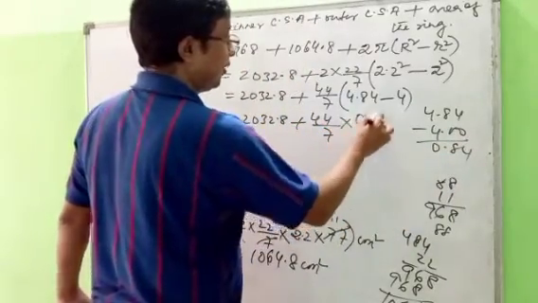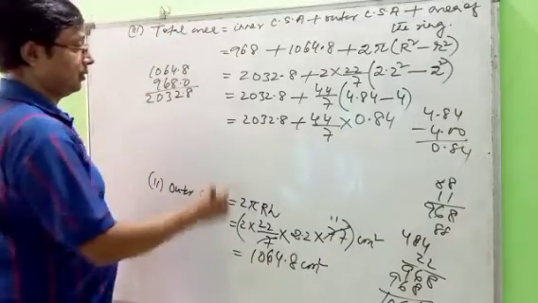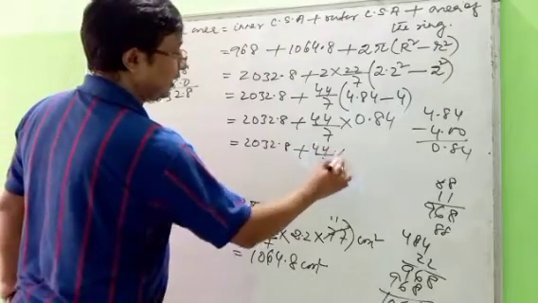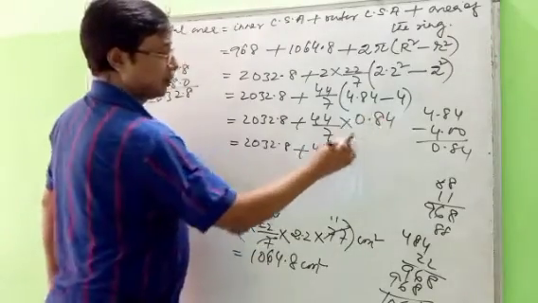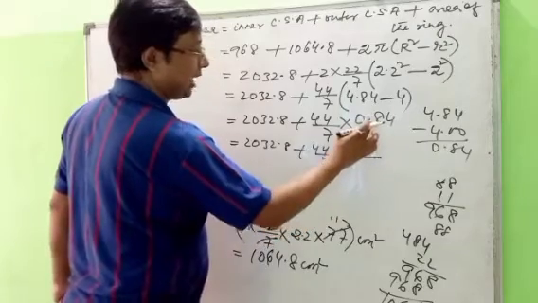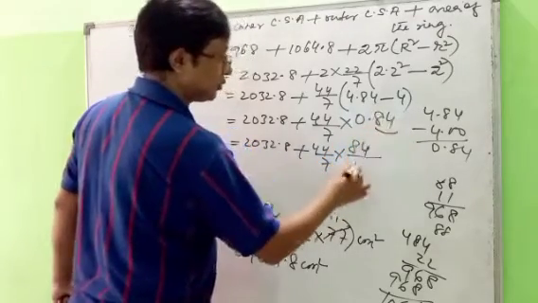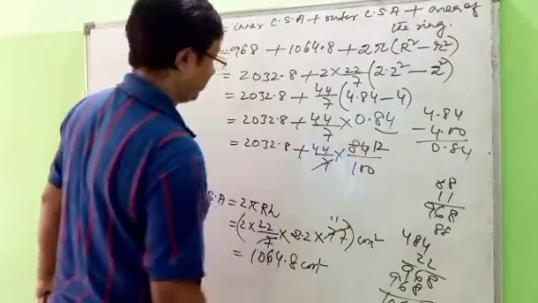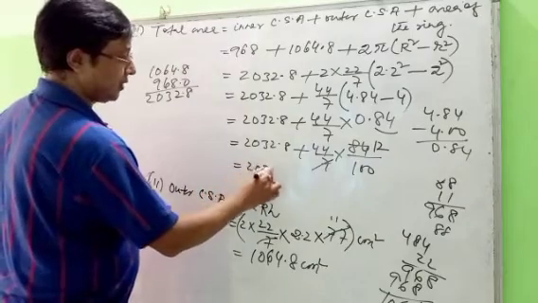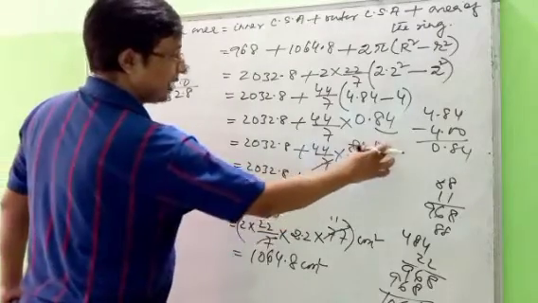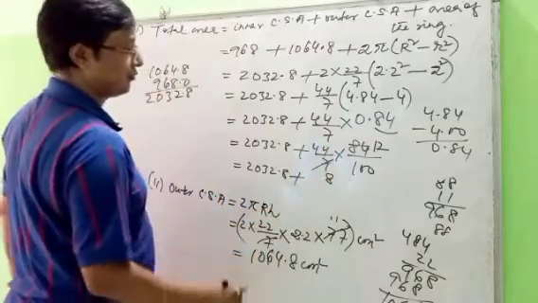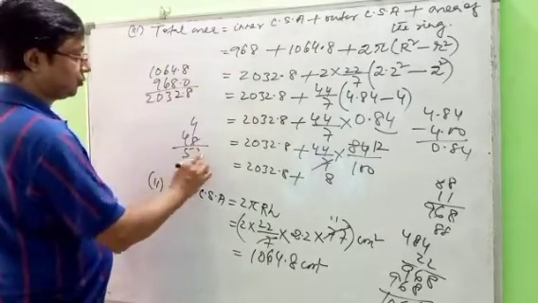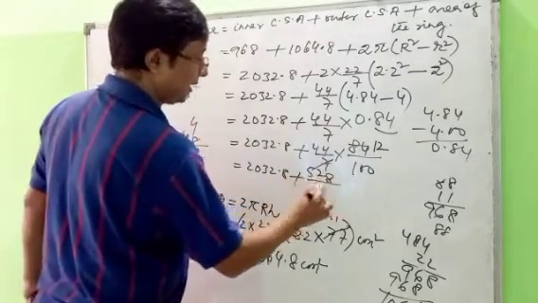So equals 2032.8 plus 44/7 into, just make it a fraction, so it will be 84 divided by 100, since after the point there are 2 digits. 7 12s are 84, so 7 to 1 cancels, 12 4s are 48, plus 4, 52. So you will get 52 divided by 100.